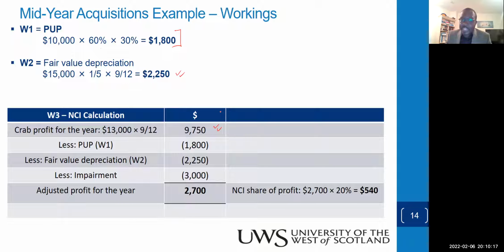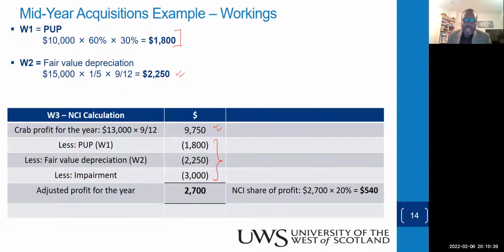Then the PUP element, which we have found to be 1,800, we subtract it. And then the same thing we have done in the past, fair value depreciation, 250, we subtract it. I'm sure you know the mechanics for all of these. The main thing is to be able to understand these calculations and work them out accordingly, all right?